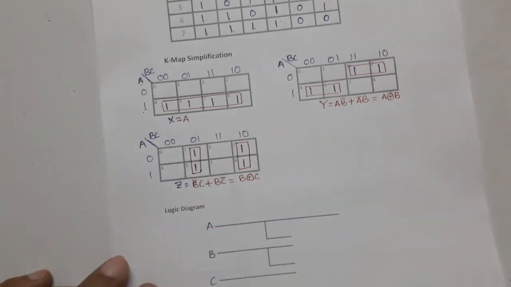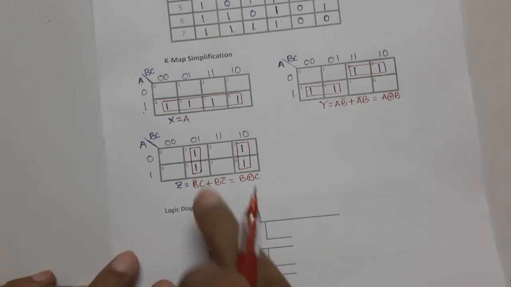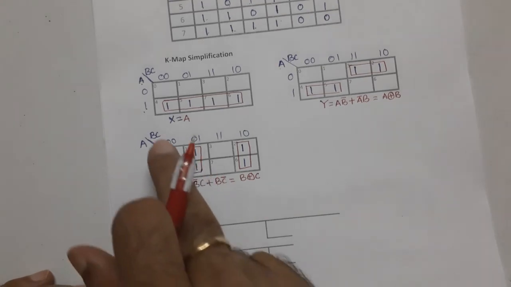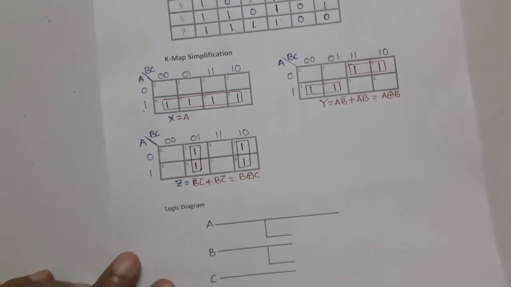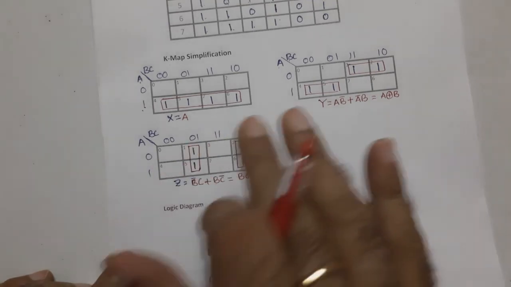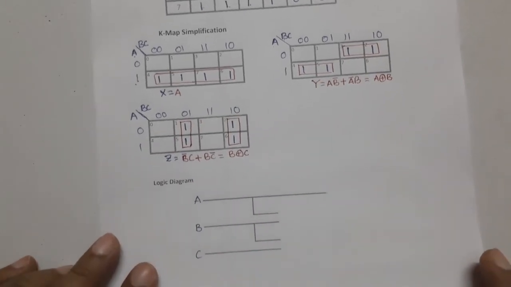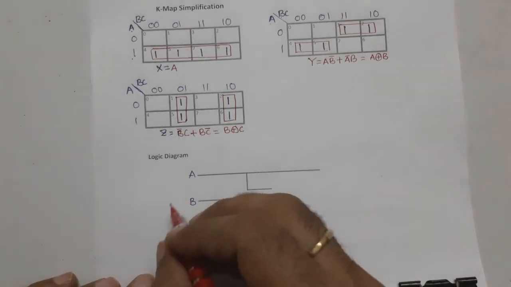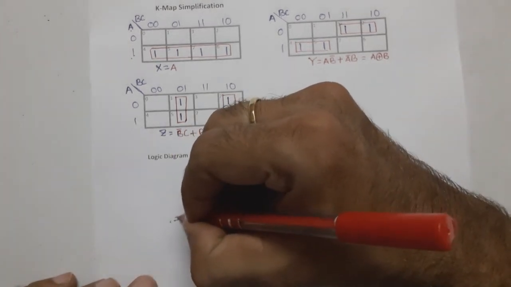Now this is the writing of K-map, and these are the expressions for the outputs X, Y and Z. Using these expressions, now next we are going to draw the logic diagram. Now these are the inputs.